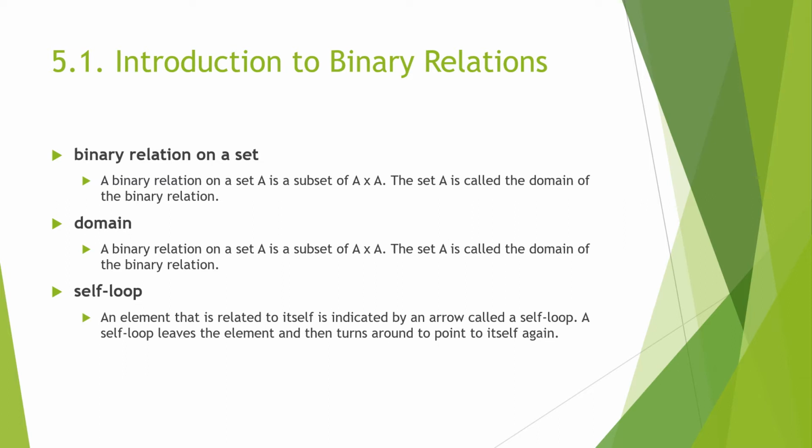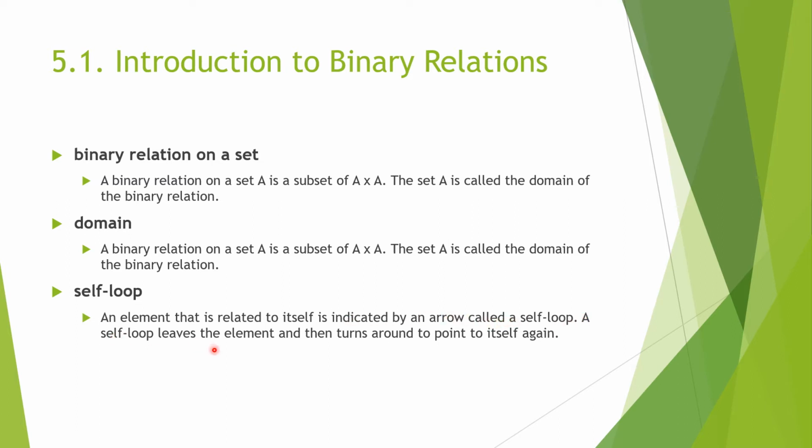And then when you are representing a binary relation on a single set like A using an arrow diagram, it is possible that one element in the domain is related to itself. In these cases, you need to indicate such a relation of one element to itself by an arrow called a self loop.